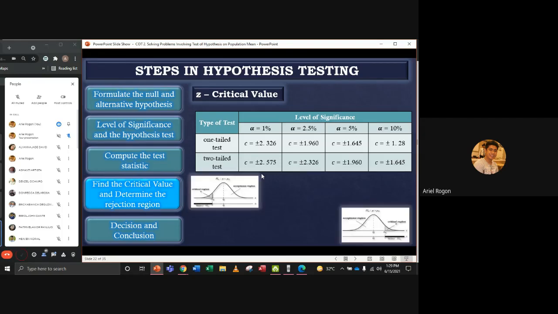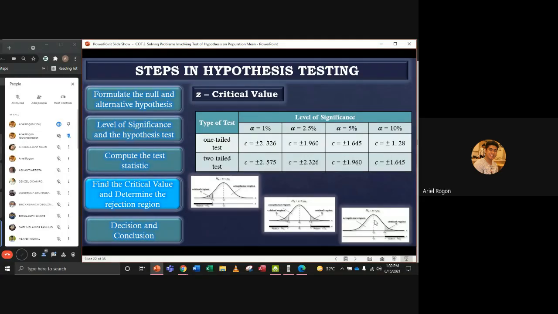Based on the illustration, makikita natin sa left-tailed test, itong tinuturo ko sa inyo, the critical region, also known as the rejection region, is at the left side of our acceptance region. Itong shaded na part nitong graph natin, that is the rejection region. Once the computed value lies in the rejection region, that's the time na i-reject natin yung null hypothesis.